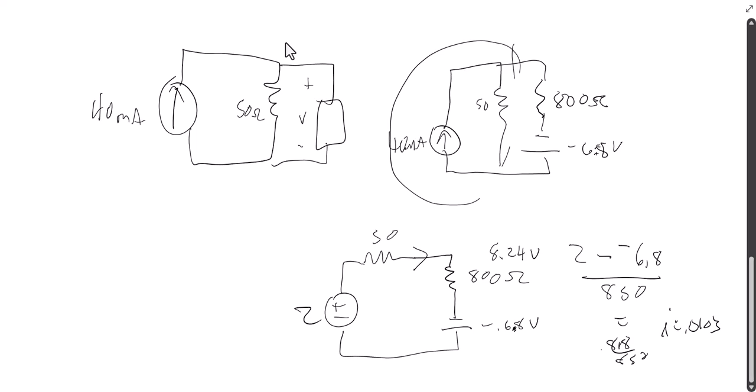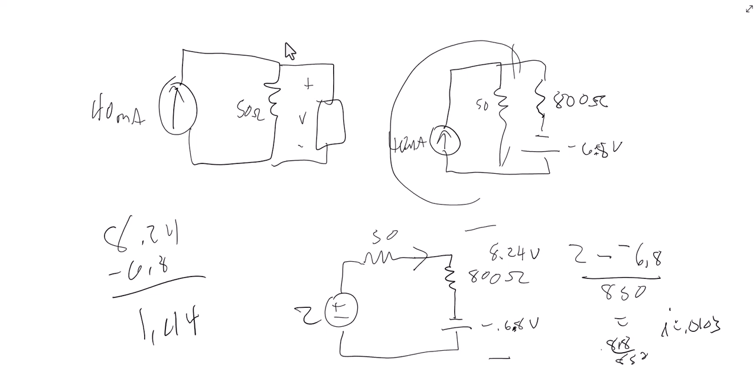So that means the total voltage from here to here is 8.24 minus 6.8, which is 1.44 volts.